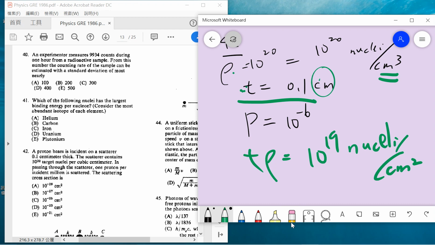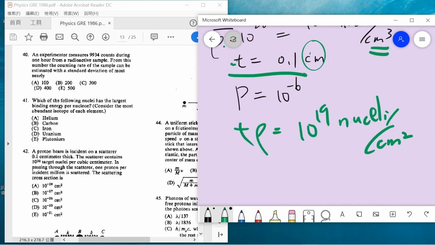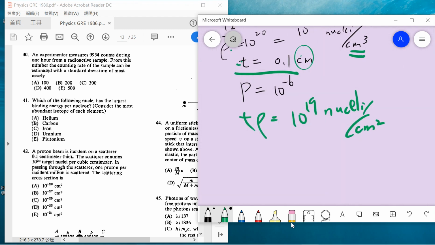And then for one proton per incident, it tells you that you should use this one divided by this one. Then this is the scattering cross section. When you use this divided by this, the unit is cm squared, which is what we want, right?